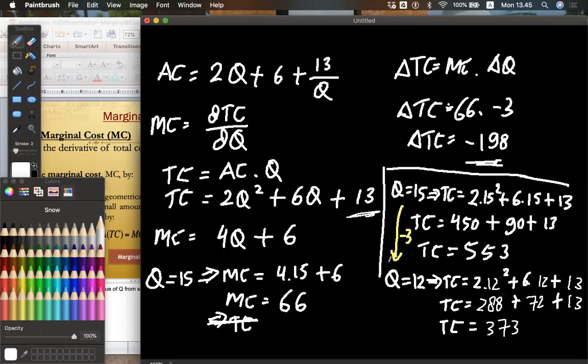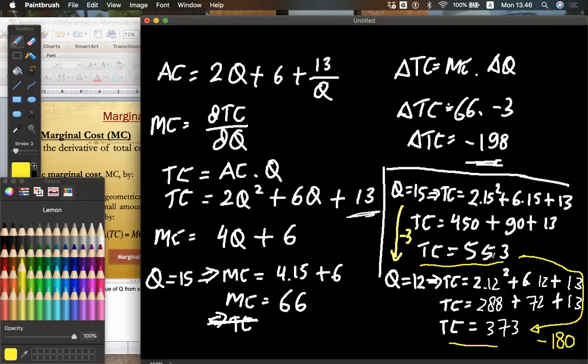So the total cost changes from 553 to 373, and the decrease is 180.